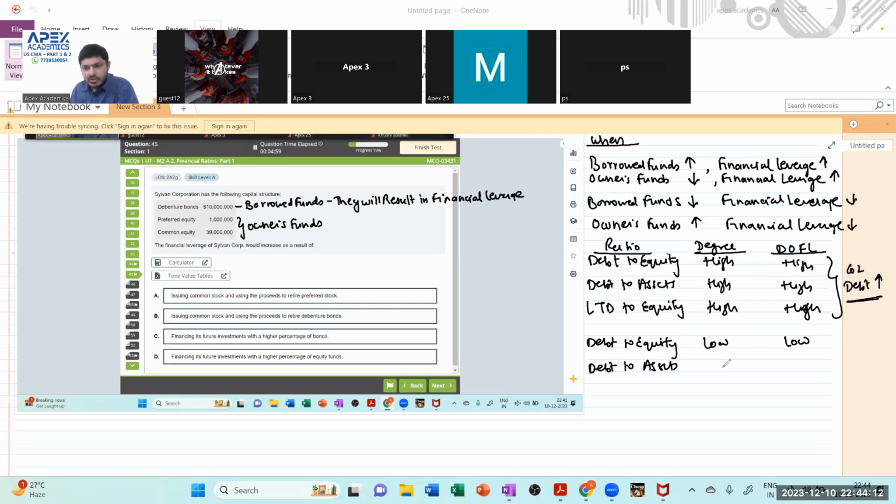When debt to assets is low, the degree of financial leverage is low. When long-term debt to equity is low, the degree of financial leverage is also low. Why? Because debts are low. Keep this much in mind.